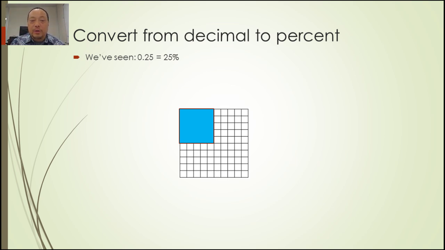We look at the two numbers, we see that they both share the same numerals. They're both 2, 5. But they're different in where the decimal point is. In the decimal 0.25, the decimal point is before the 25. In the percent form, 25%, the decimal point is invisible, but it's right here after the 25.